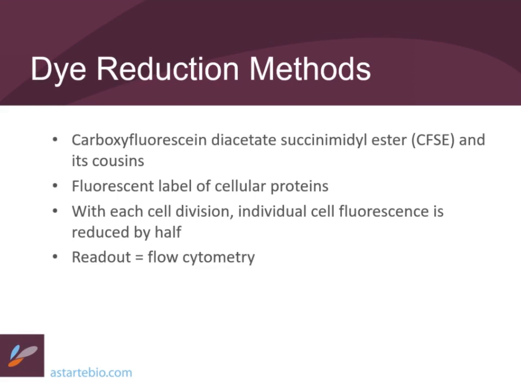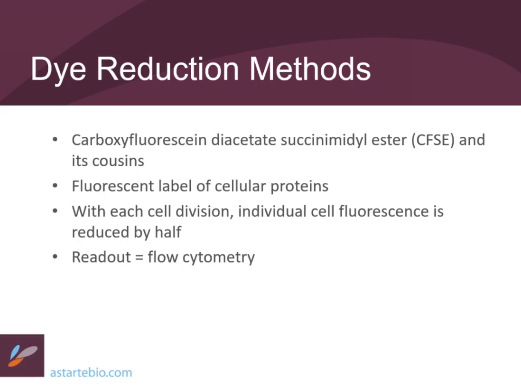The dye reduction methods. This has become very popular in immunology circles, where you can use an esterified fluorescent label, carboxyfluorescein diacetate succinimidyl ester, or CFSE, as it's usually called, and related compounds will label surface proteins on cells.